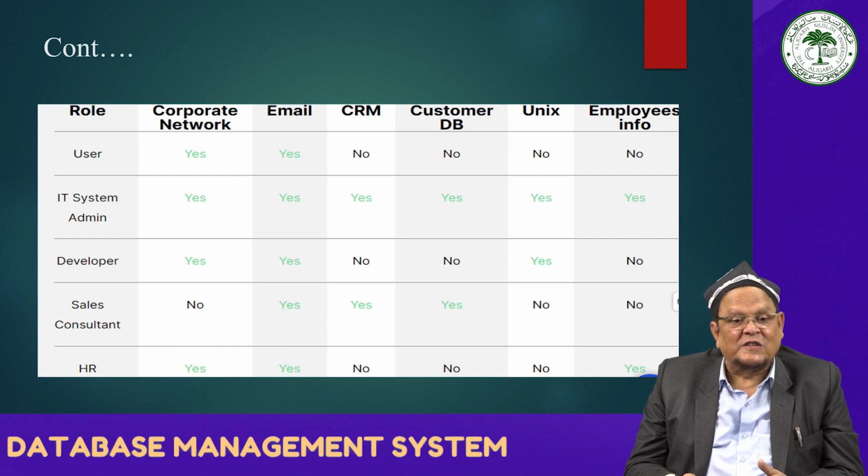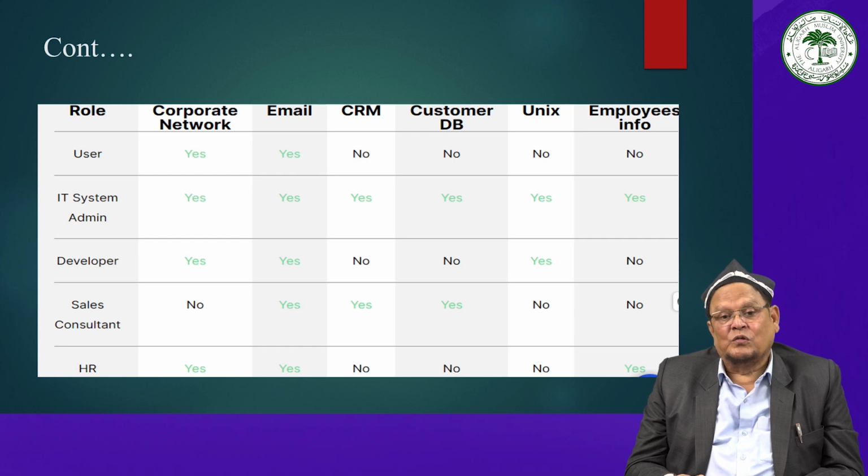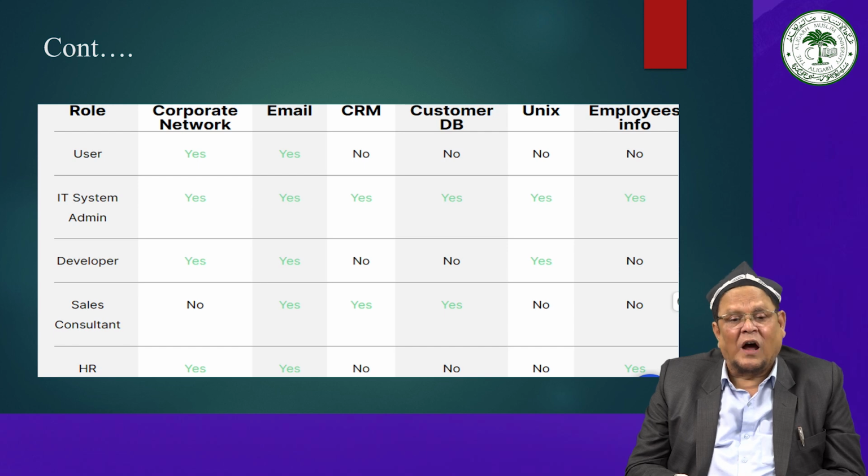HR can see the corporate networks and has permission to see emails, but not CRM, no; customer DB, no; Unix, no; and employee information, yes. HR can see the information about the employees who are working in the departments in our organization. And that's why large organizations use a role-based control system.